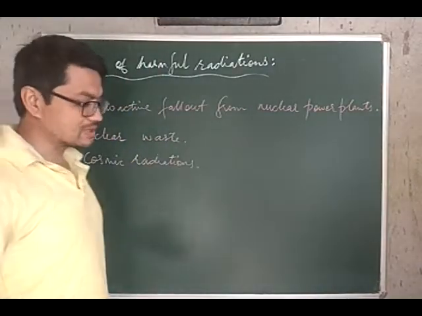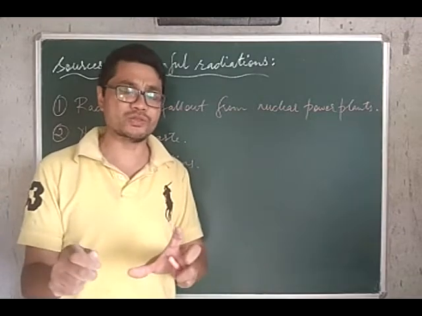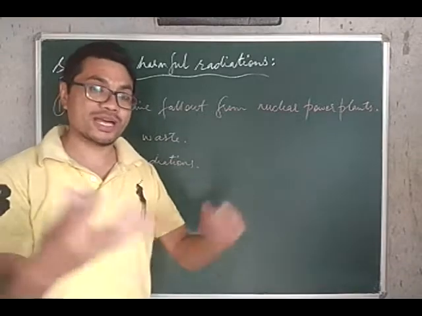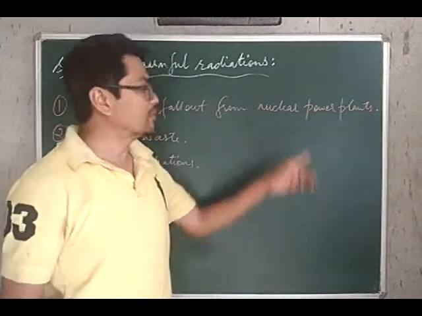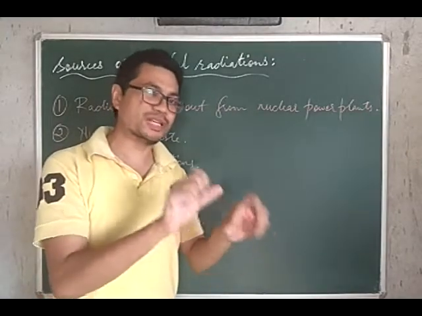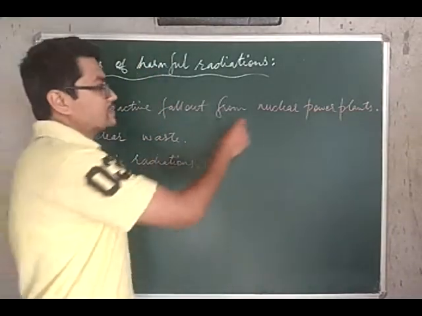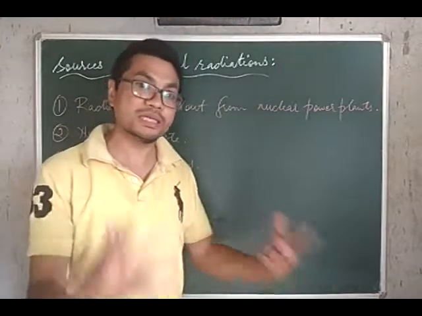So what happens is, due to some reason, if the nuclear power plant gets damaged, where you have the reactor, wherein the nuclear reaction of fission goes on, then if that particular portion gets damaged, a lot of alpha, beta, gamma radiations can be emitted from the nuclear power plant.